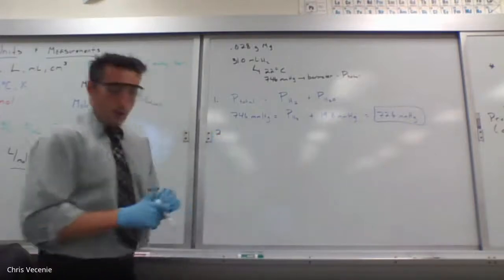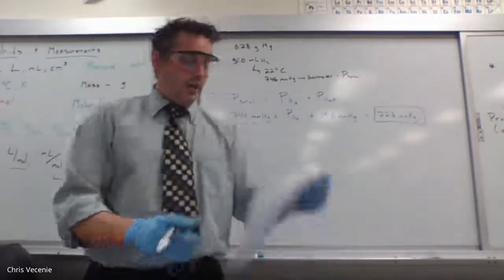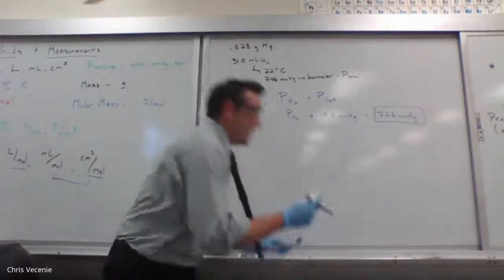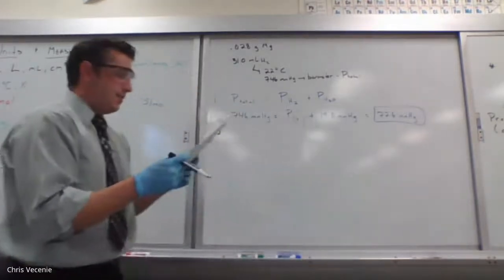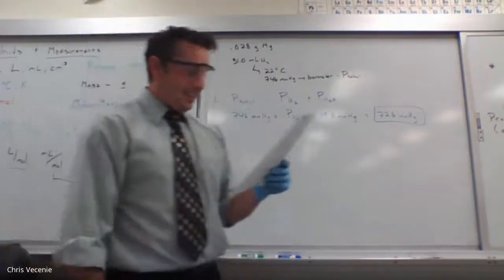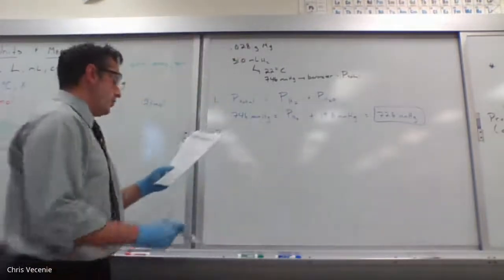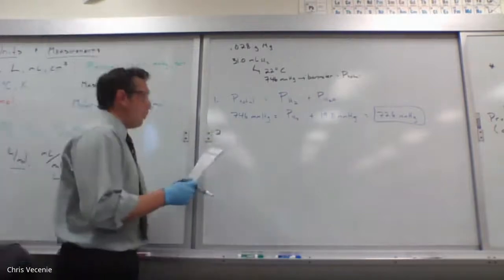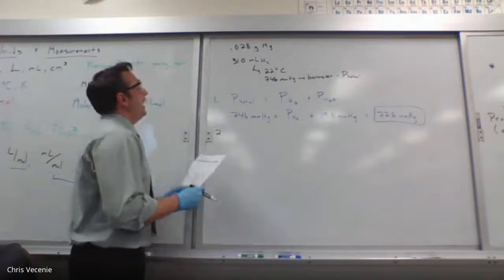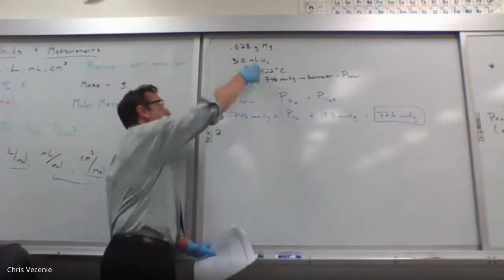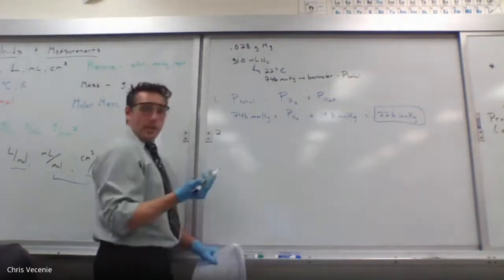All right, question 2, it says, use the combined gas law to calculate the corrected volume of hydrogen at STP. And it says, watch your units for temperature and pressure. All right, so if we want to get our volume of hydrogen gas at STP and not at our conditions, we can convert it.